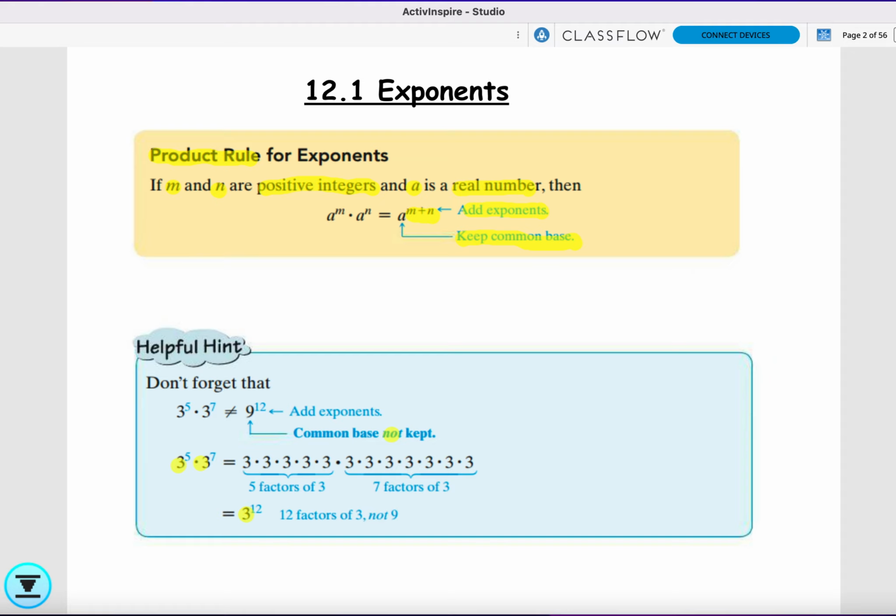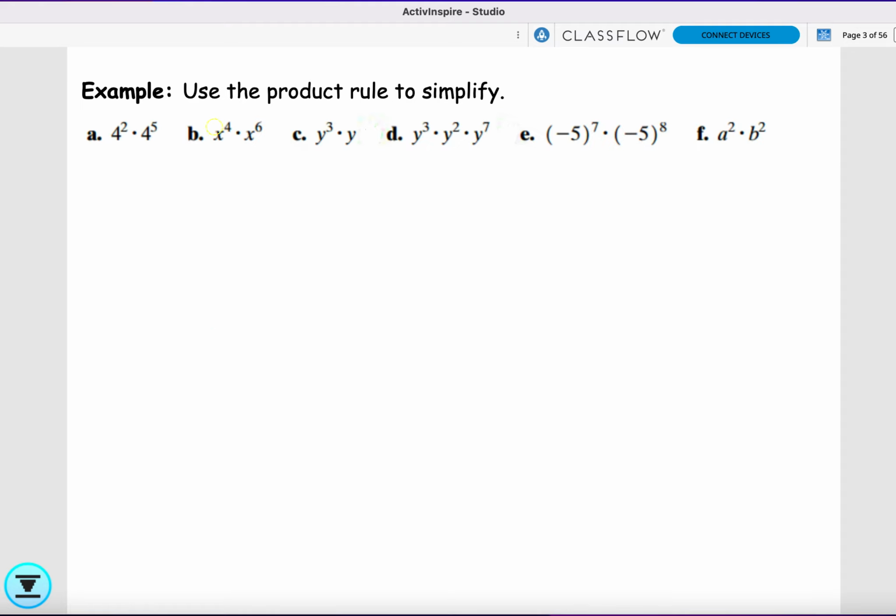So how do we apply the product rule? We know we add the exponents. So here, use the product rule to simplify. Look at A. We have 4 squared times 4 to the 5th. So I'm going to go ahead and work on A first. A is 4 squared times 4 to the 5th.